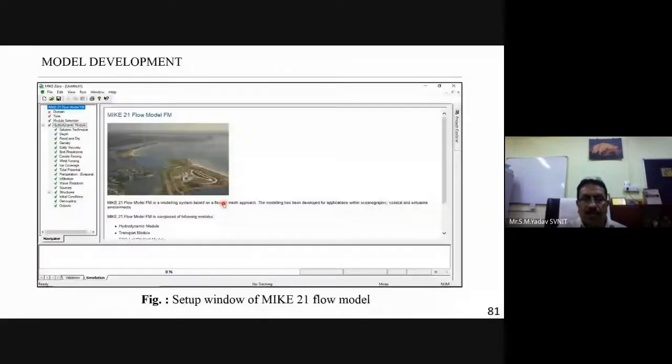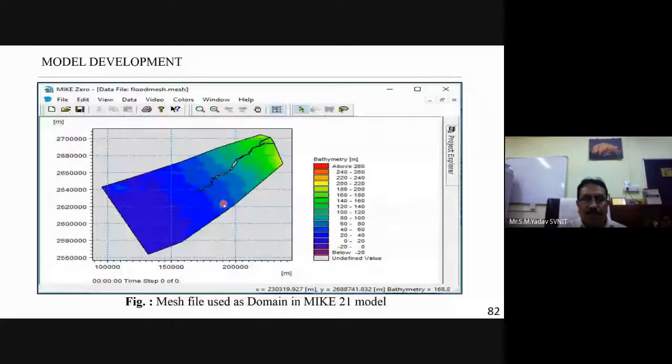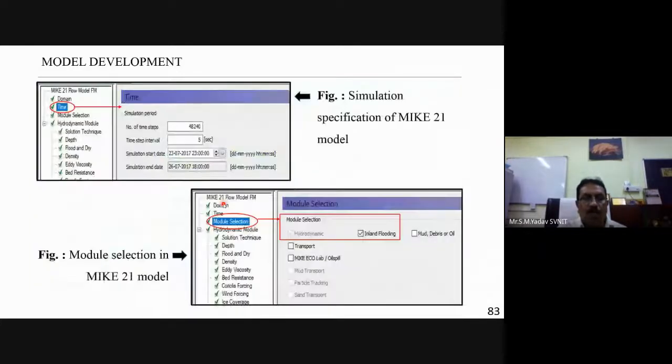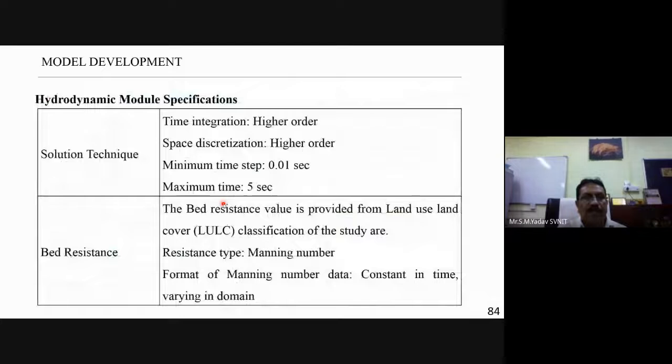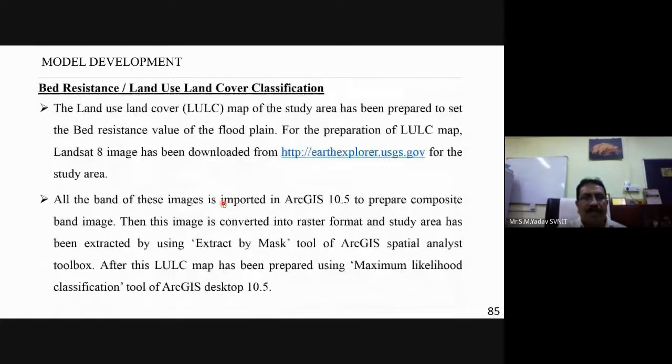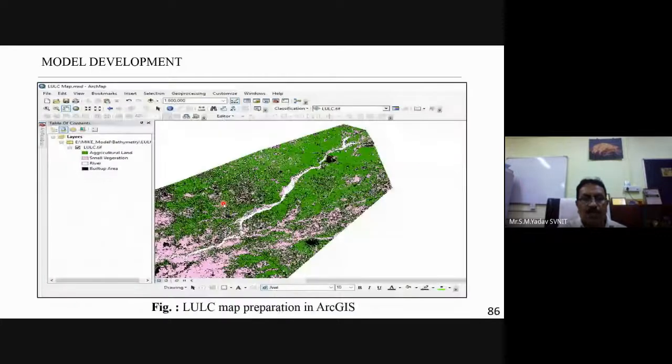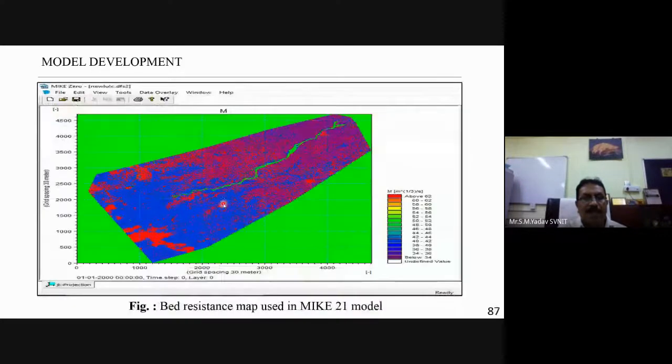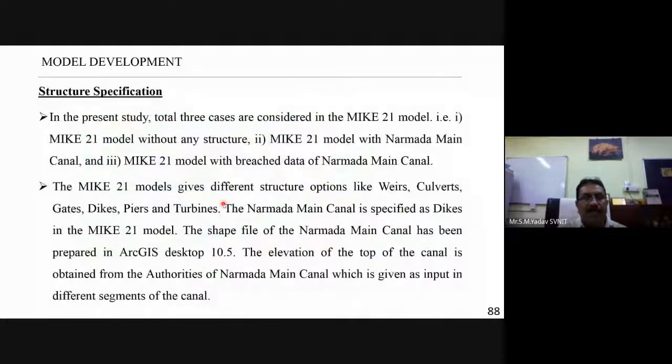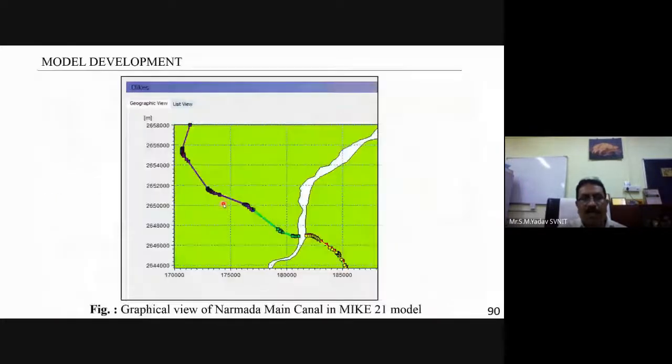After preparing the basics required for developing a 2D model in MIKE, we have gone for simulation using hydrodynamic module specific parameters, considering values or preparing the LULC map, bed resistance map, and structures, because there are a few structures.